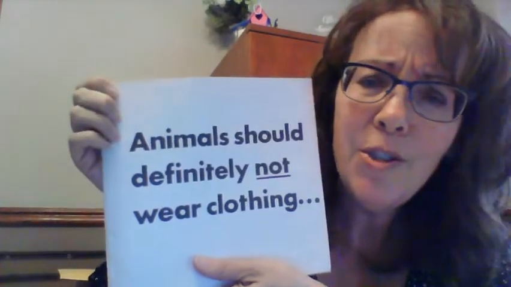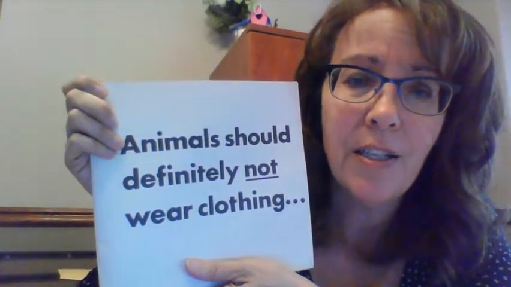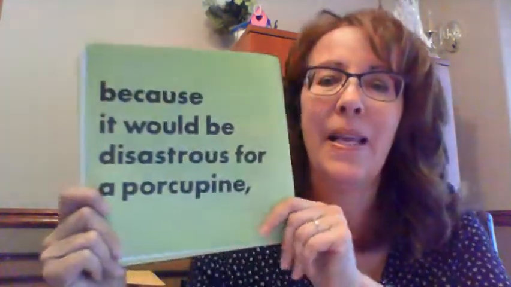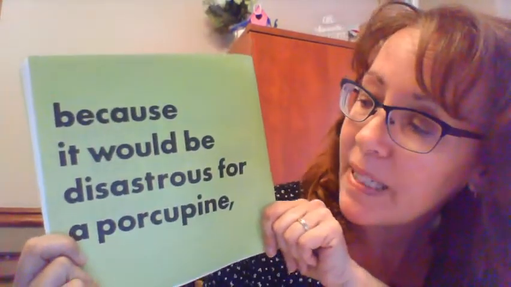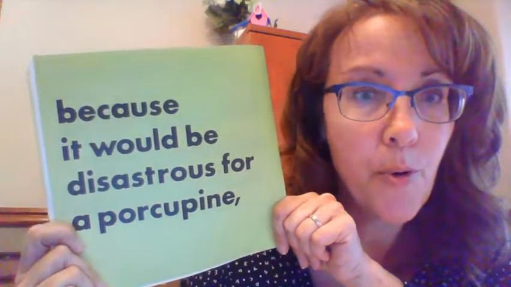So let's get started. The story is called, again, Animals Should Definitely Not Wear Clothing. I'm going to show you the words, and then we're going to make some inferences. Animals should definitely not wear clothing. Because it would be disastrous for a porcupine.